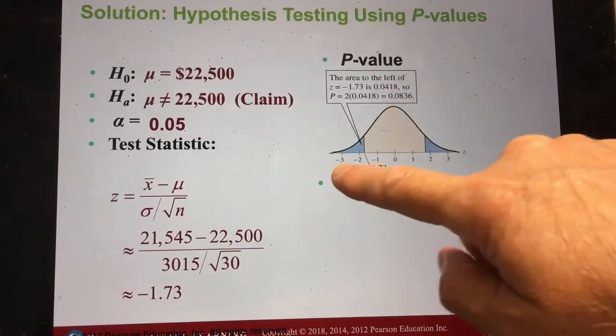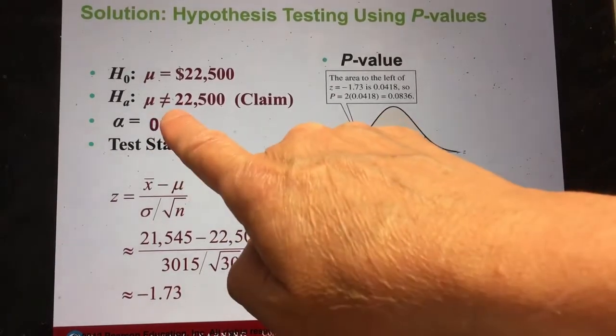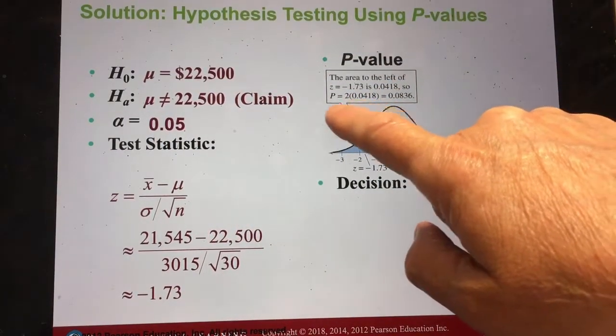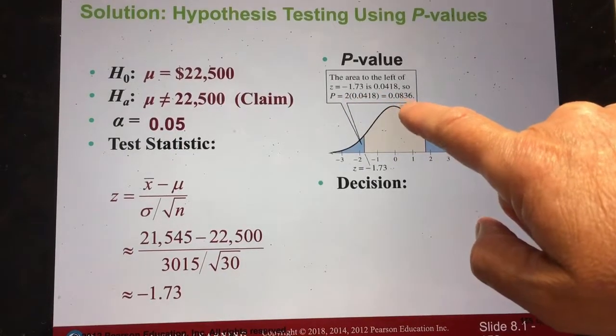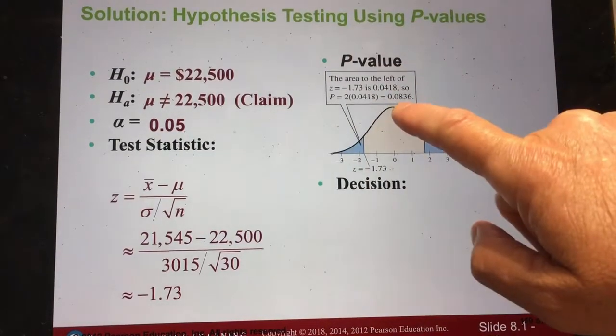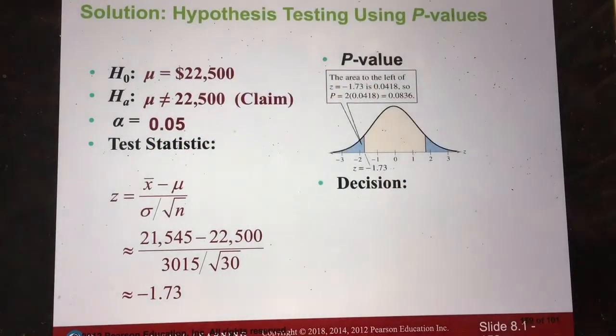But since this is a two-tailed test, because of the not equal to, we have to double that value, and we get 0.0836. Our alpha is 0.05. Our p-value is greater than our alpha value, and therefore we will fail to reject.